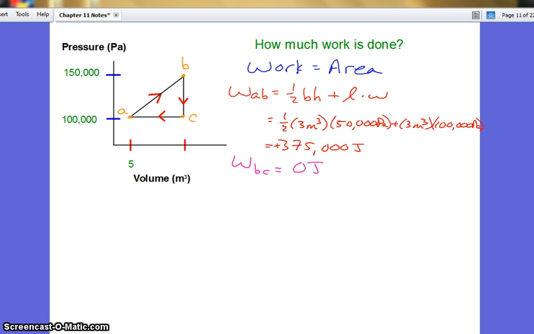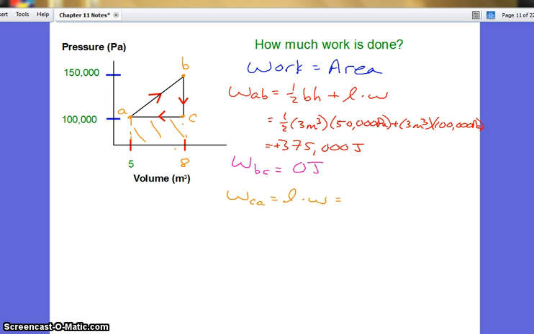The very last section, the work done from C to A, well, that's just this rectangle down here, which is length times width. But in this case, the line goes to the left. The volume actually decreases. This was 8 cubic meters, by the way.